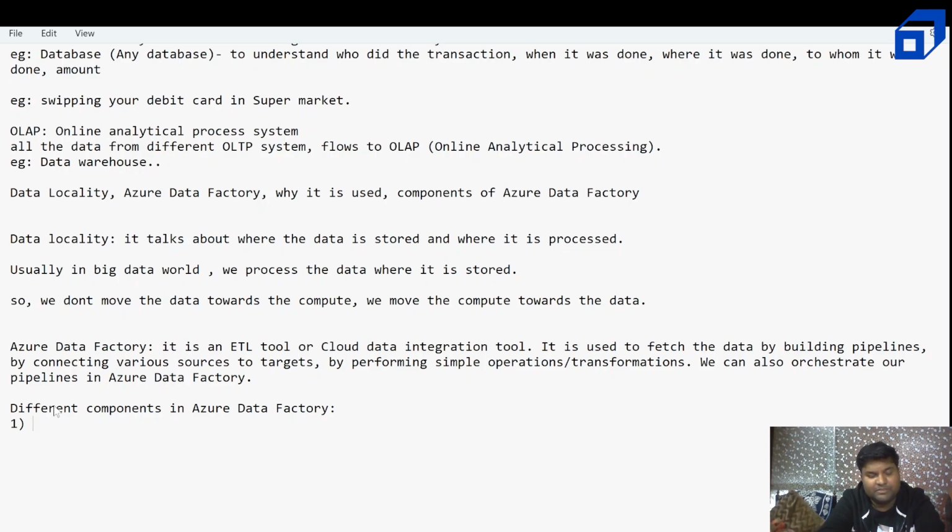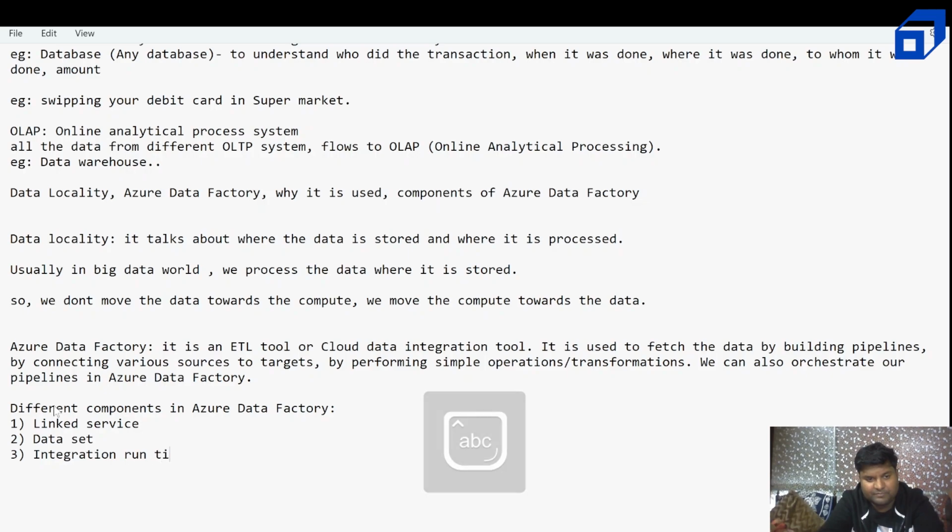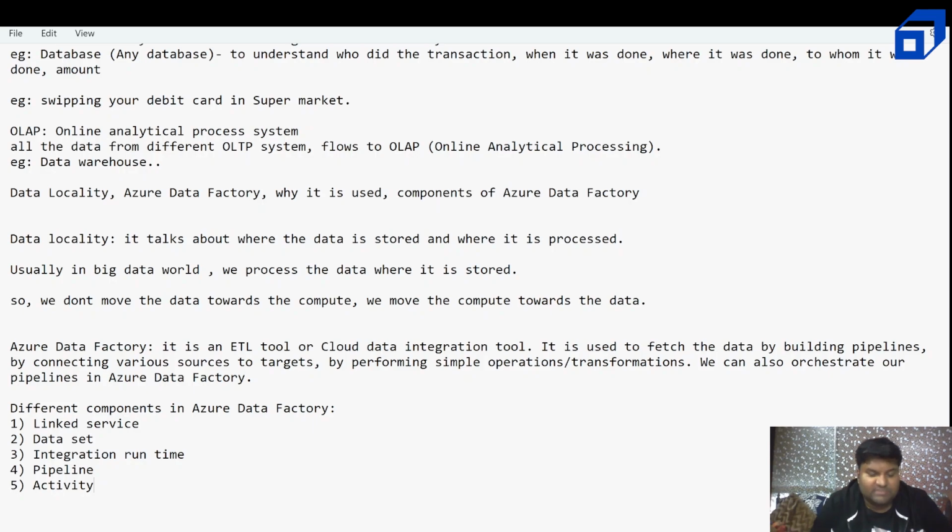So the different components are linked service, dataset, integration runtime, pipeline, activity. So what is linked service?